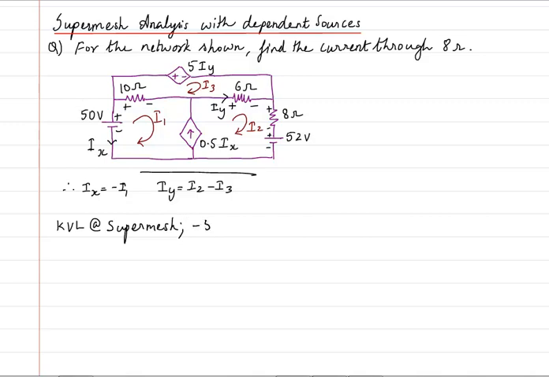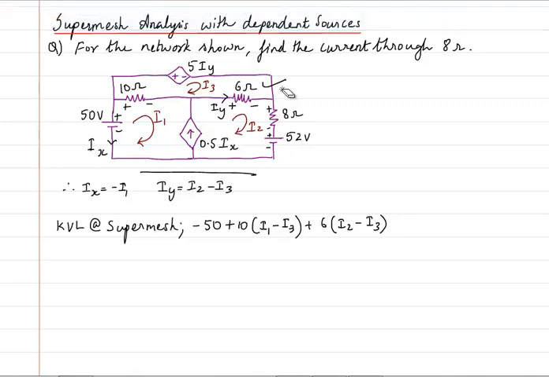So minus 50, then again plus 10 times (I1 minus I3). Then going this side, it's back of the bogie again, so plus 6 times (I2 minus I3).